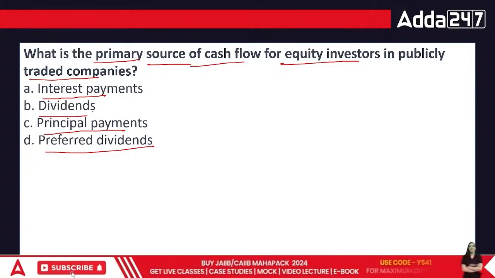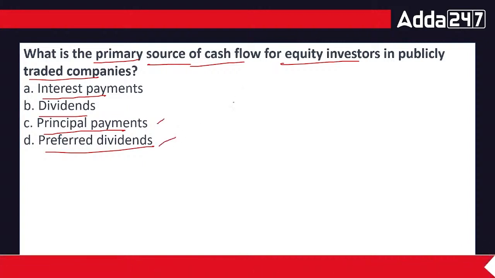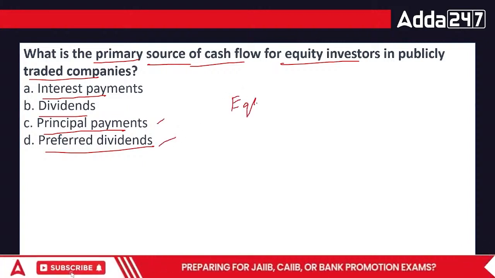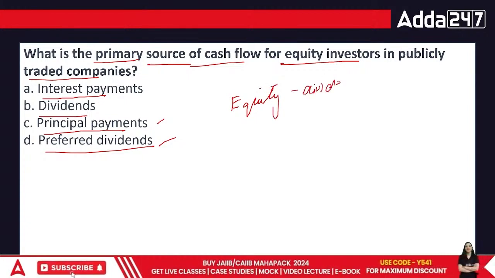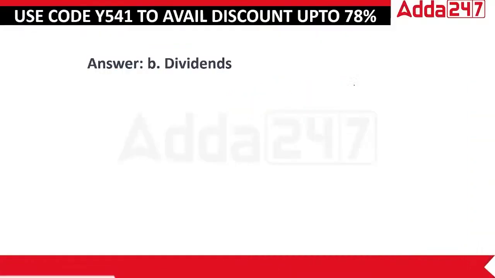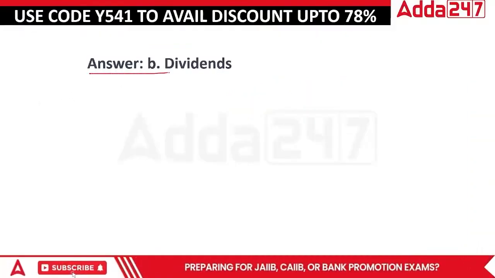Is it interest payments, dividends, principal payments, or preference dividends? When we talk about equity now, equity gets dividend. So in this case, the correct answer is dividends.